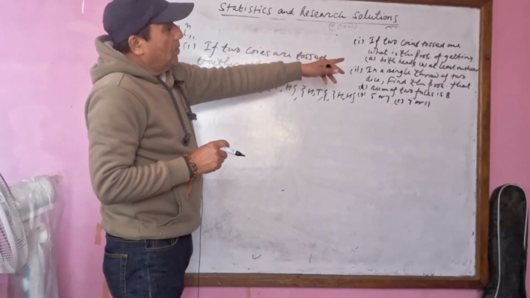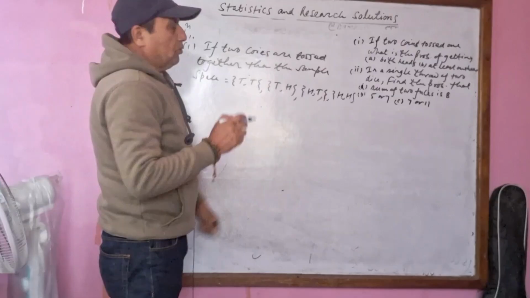Then the question is both heads. What is the probability of getting both heads?